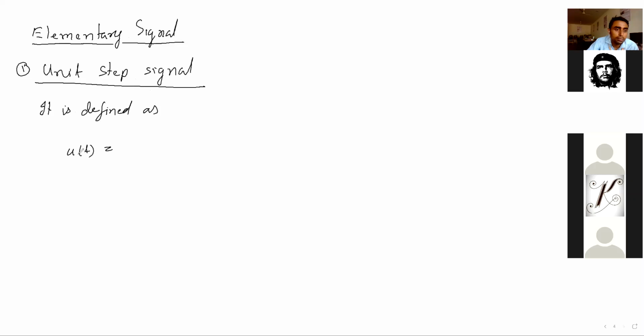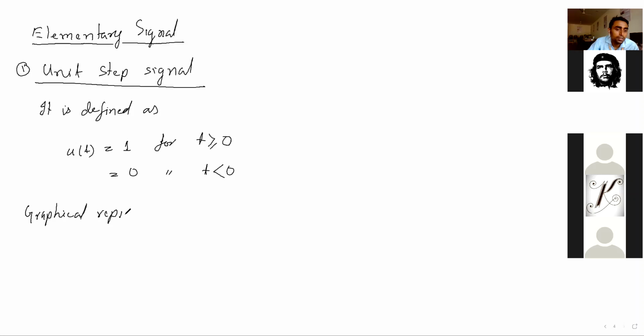The unit step signal is represented by u(t). u(t) equals 1 for t greater than or equal to 0, and 0 for t less than 0. This is the functional representation, and you should remember these equations, these functions. u(t) means unit step signal: u(t) equals 1 for t greater than or equal to 0, and 0 for t less than 0.